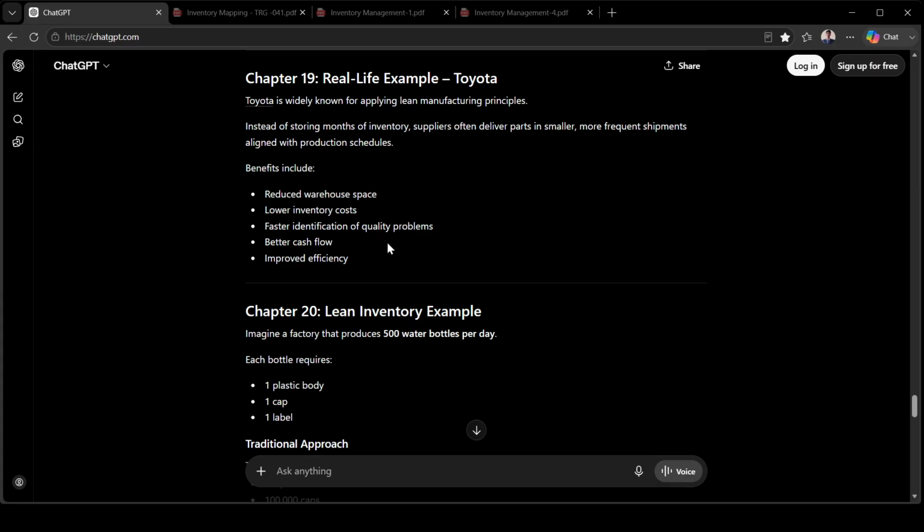Benefits include reduced warehouse space, lower inventory cost, faster identification of quality problems, better cash flow, and improved efficiency.